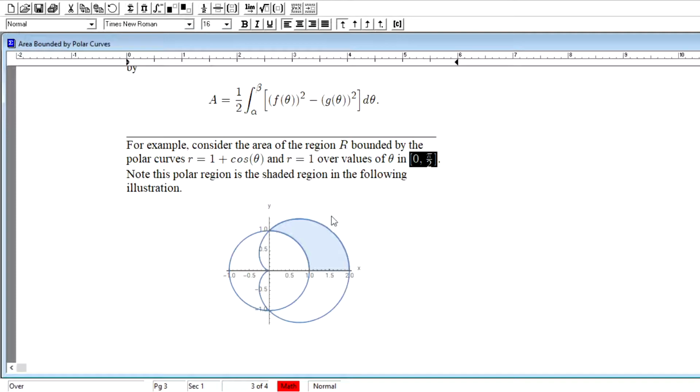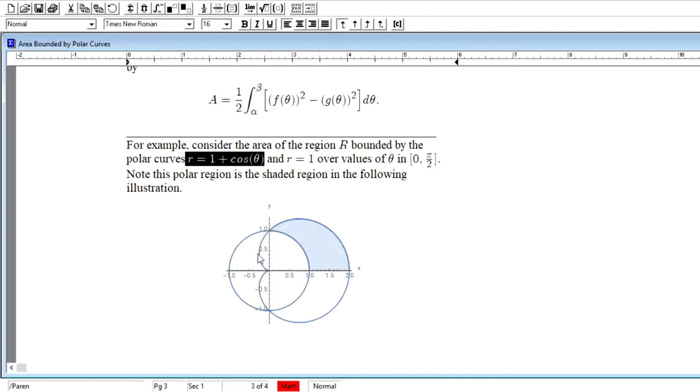If we sketch these two polar curves into the two-dimensional space in which they're defined, r equal to 1 defines that circle centered at the origin with radius of 1. That would be this circular shape here, as well as this polar curve r equals 1 plus cosine theta, which forms this shape seen here known as a cardioid.